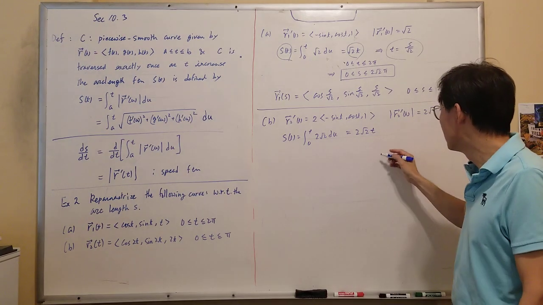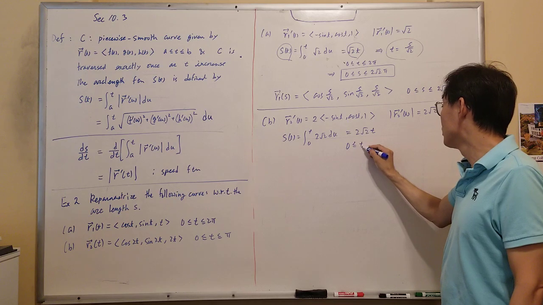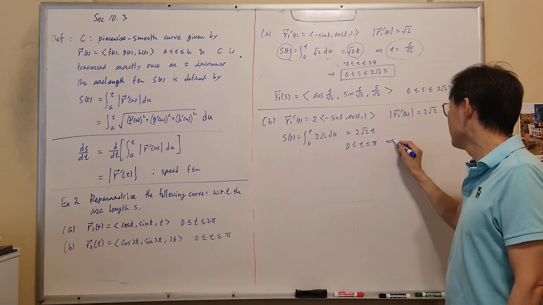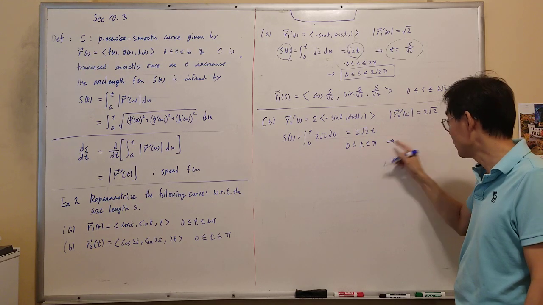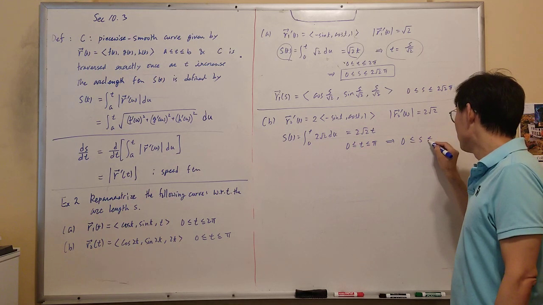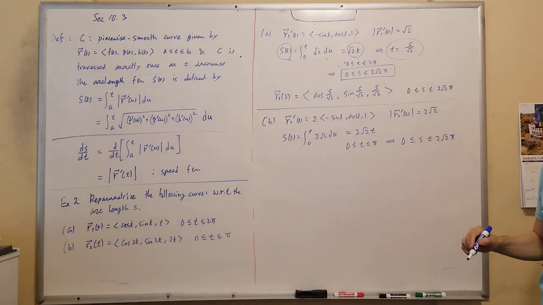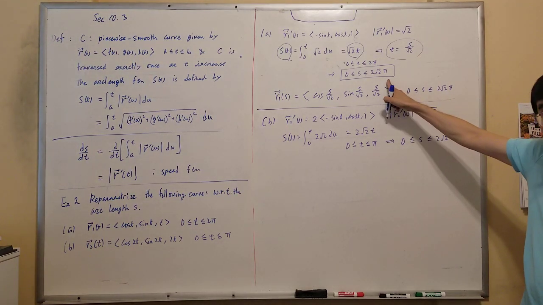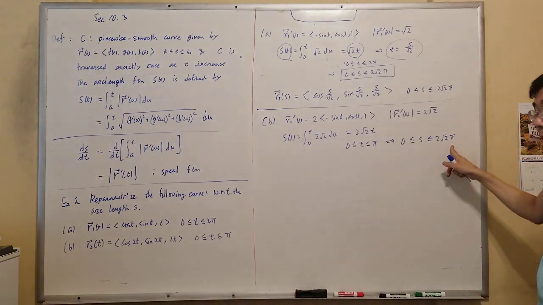This time, t was from 0 to pi, therefore s will be 2 square root of 2 pi. Right? Same thing. We saw that the same curve, different terms, is still the same total distance.